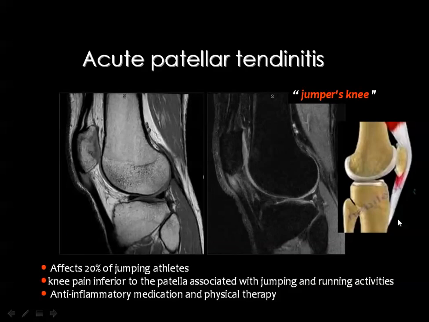Abnormal signal, which may be considered as intermediate signal in the infrapatellar tendon, which is usually seen near its attachment to the patella, means that there is acute patellar tendonitis, and this is known frequently as jumper's knee because of its relation to jumping sports.